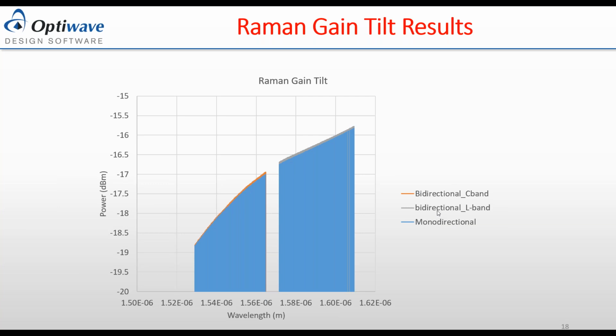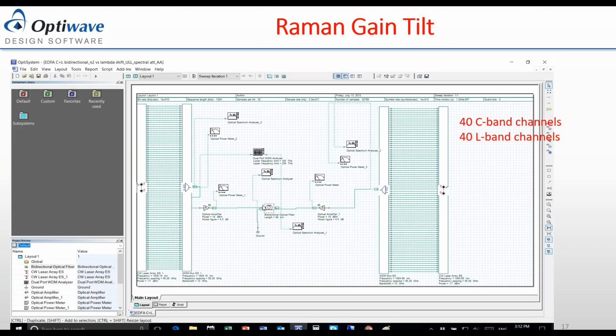Then we used the bidirectional component, and we looked at the spectrum using SOA, the different channels in the L band and the C band, and how these channels interact inside the optical fiber. The interaction is happening because of the Raman nonlinear effect.